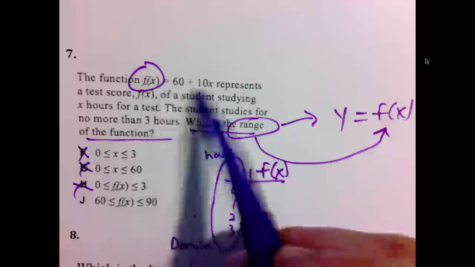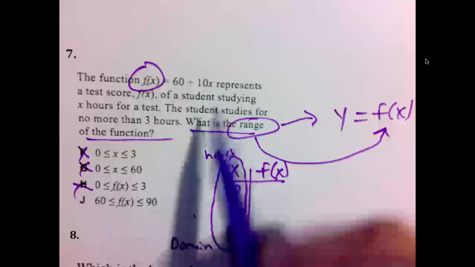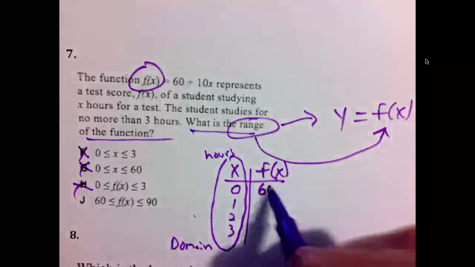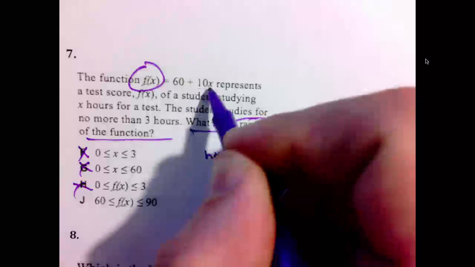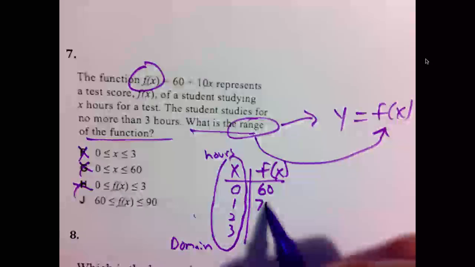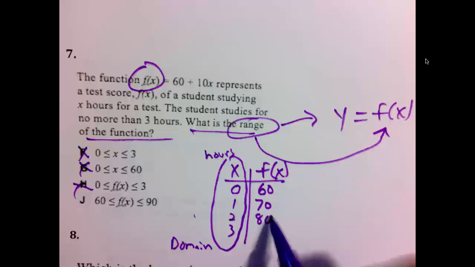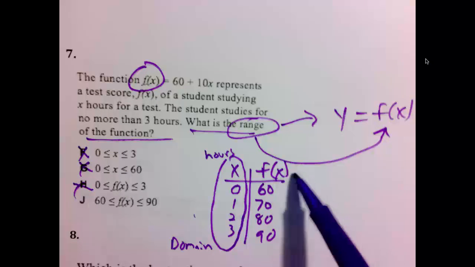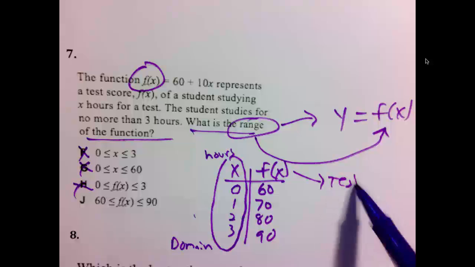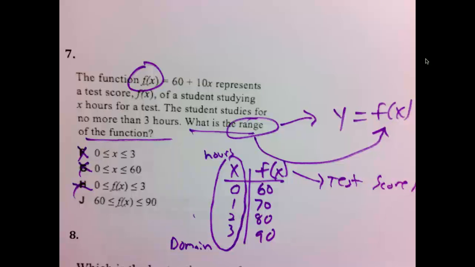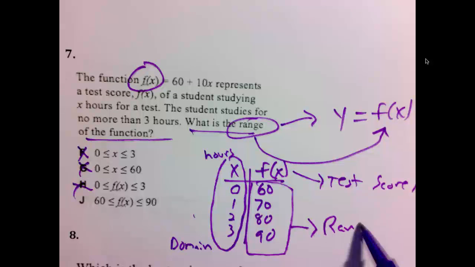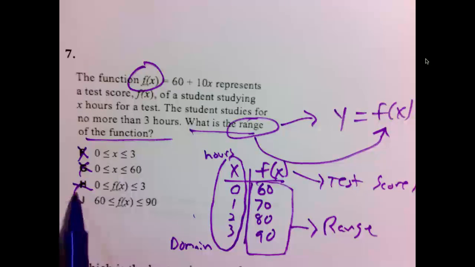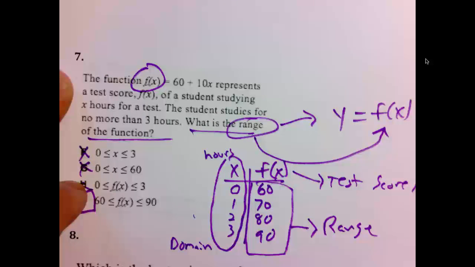If you type this in to your grapher, you'll see that 0 pairs with 60. If he studies for 1 hour, 10 times 1 is 10 plus 60 is 70. And this will increase thusly. So f of x, these are his test scores. Okay. This is the range. They are the possible output values. These are the possible values of what he's going to score on the test. 7 is J.